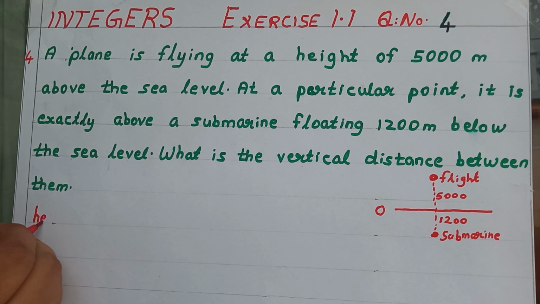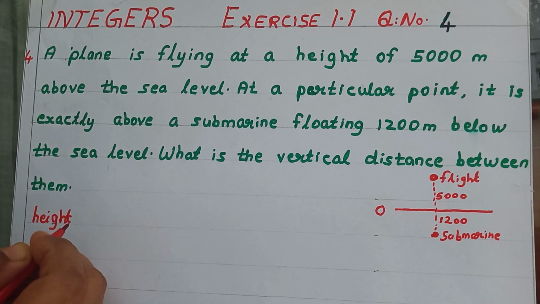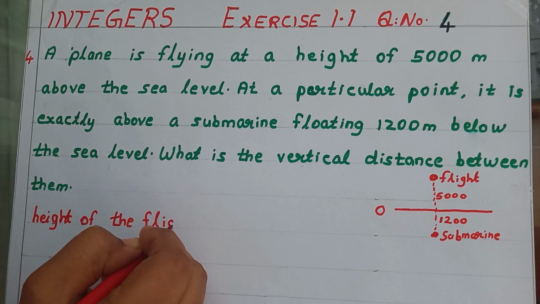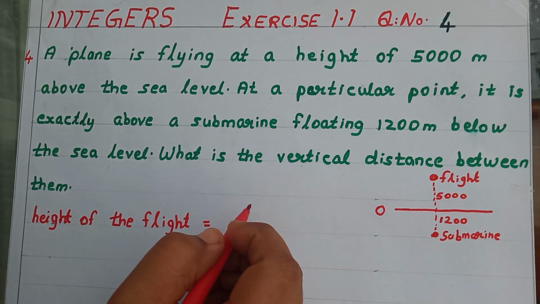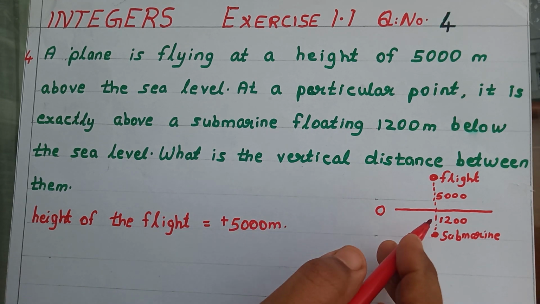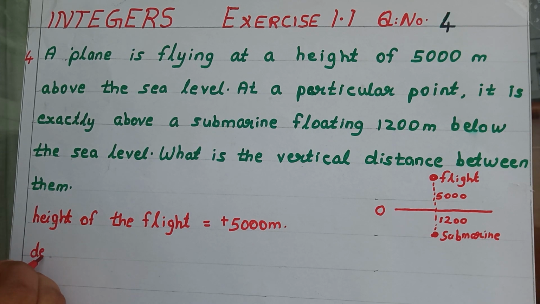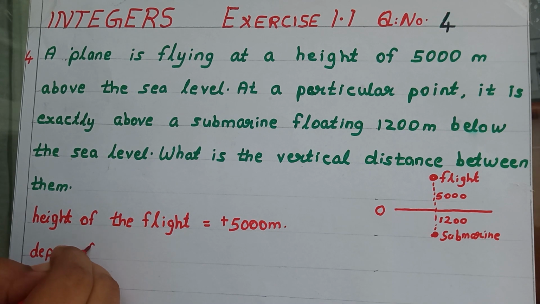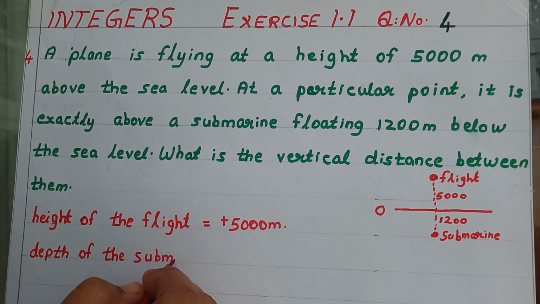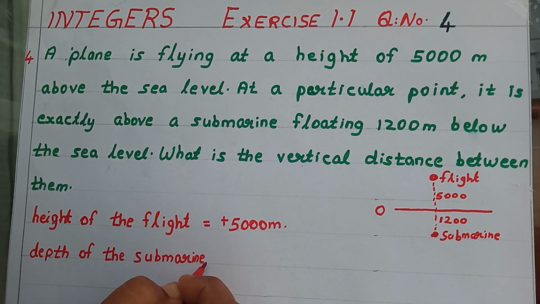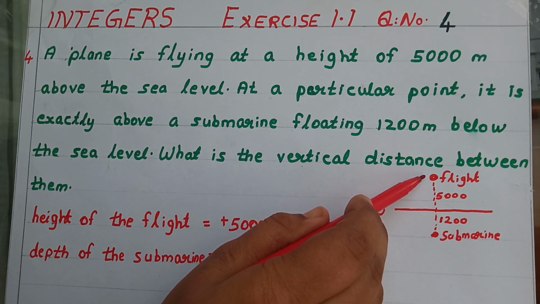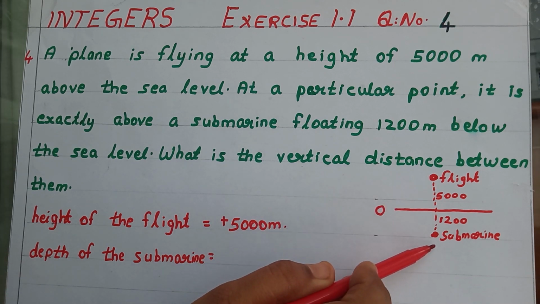Height of the flight equal to positive 5,000 meter, and depth of the submarine equal to, see, this is the point 0, and above the sea level we will mark positive integers, and below the sea level we will mark negative integers.